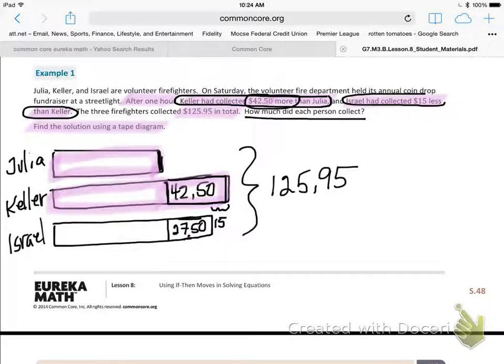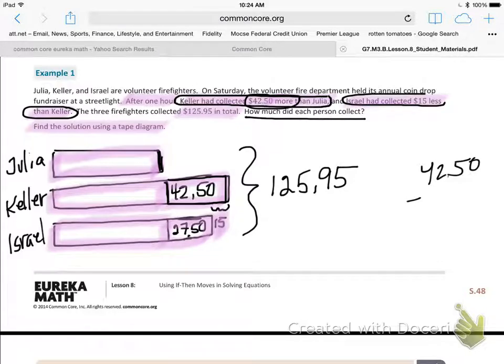Now, they compare Israel to Keller, and again, we need to have that similar size piece. Then we're going to add $27.50 here because what we know is that Israel made $15 less than Keller. So we have to take $15 off this extra bit, $42.50.